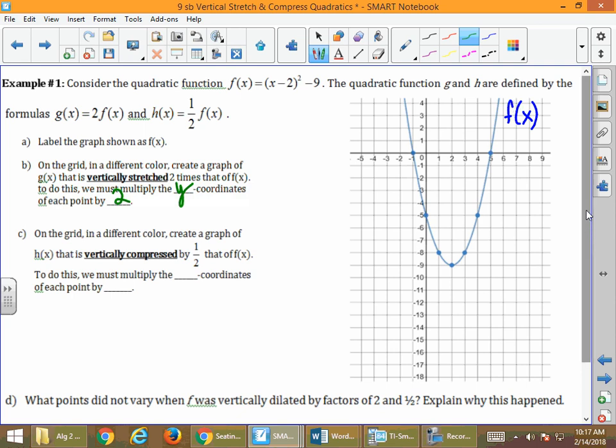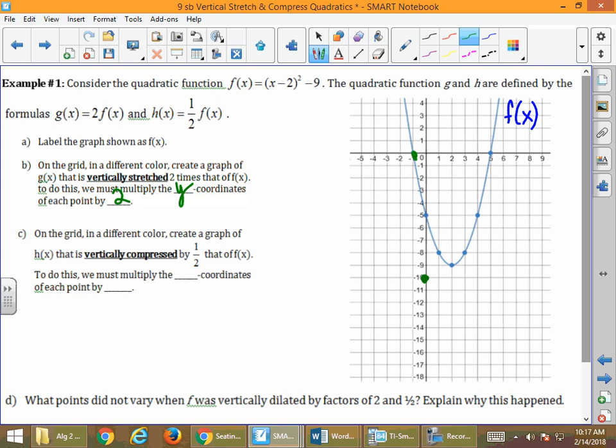So the first point that I'm looking at is this point -1, 0. We're multiplying the y value of that 0 by 2, but we still get 0. The next one I'm looking at is the y-intercept, which is 0, -5. -5 is the y value of that point. -5 times 2 is -10.